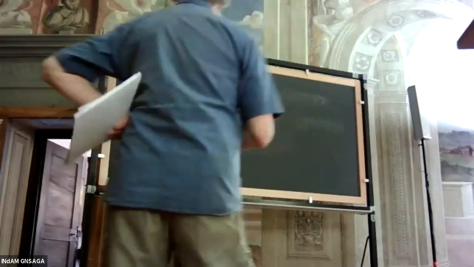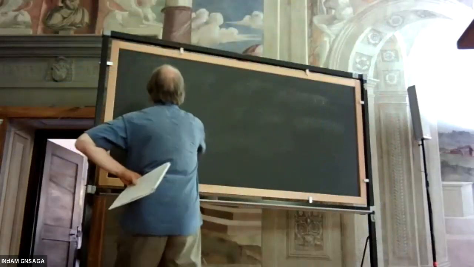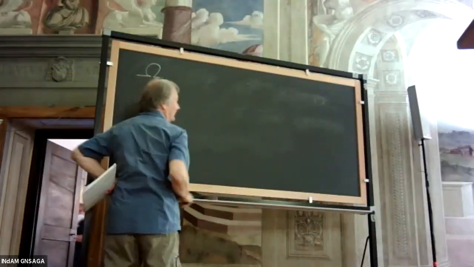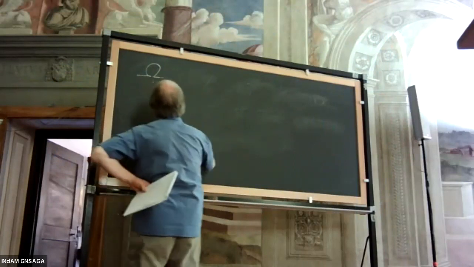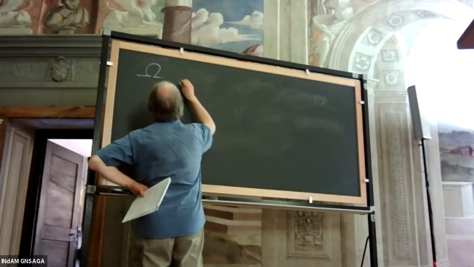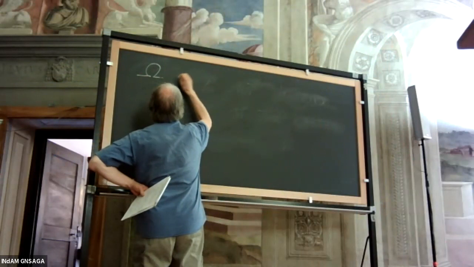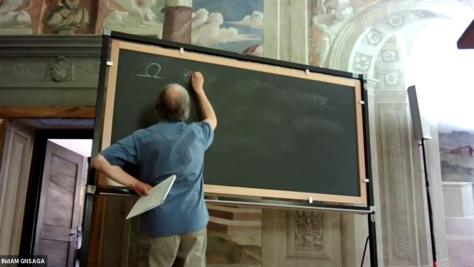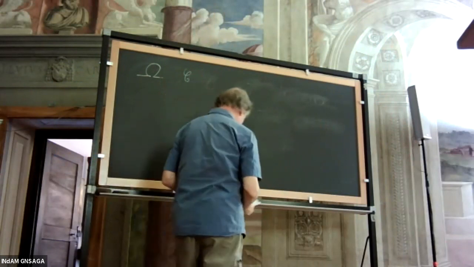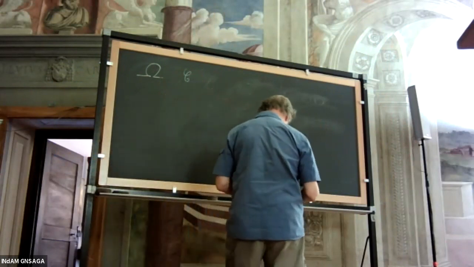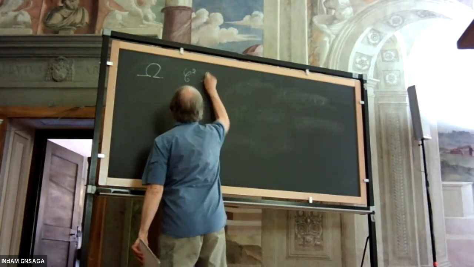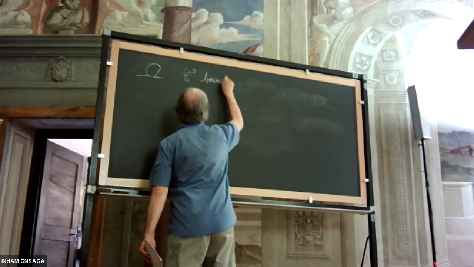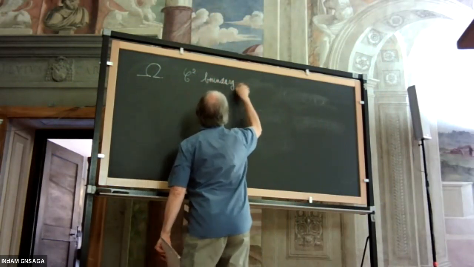All right. So now, let us reduce the space of possibilities considerably. So omega will be, let's say, C2 at least, and it is convex.